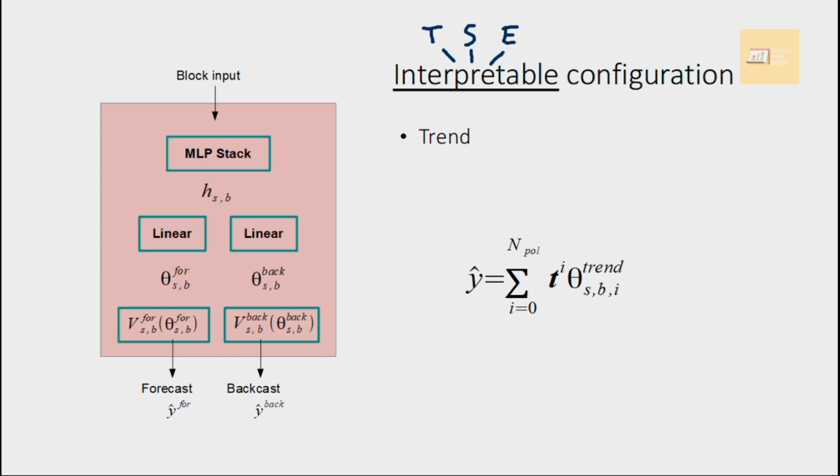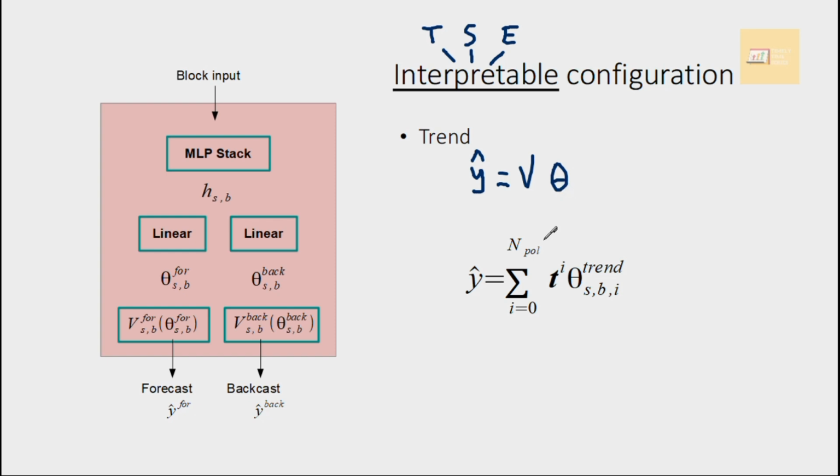Okay, now let's discuss one by one. First up, the trend. We can think of this trend basis function as a polynomial linear regression. So first of all, let's write this. y hat, I will assume y hat is for forecast, by the way, even though I don't write the forecast superscript. So y hat forecast is V times theta.